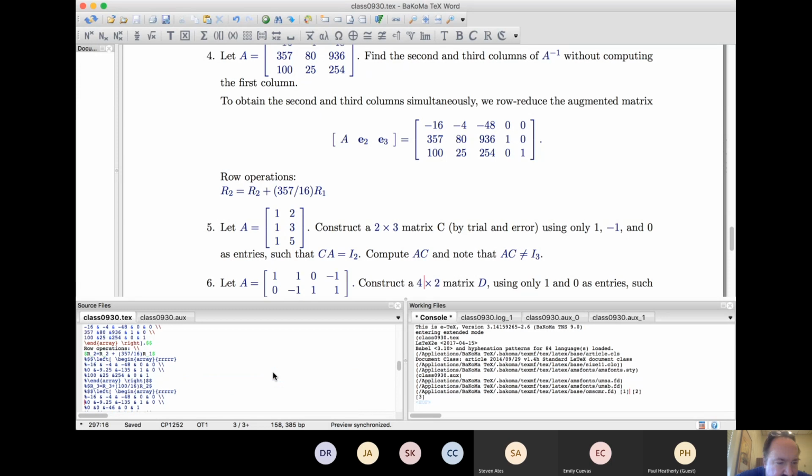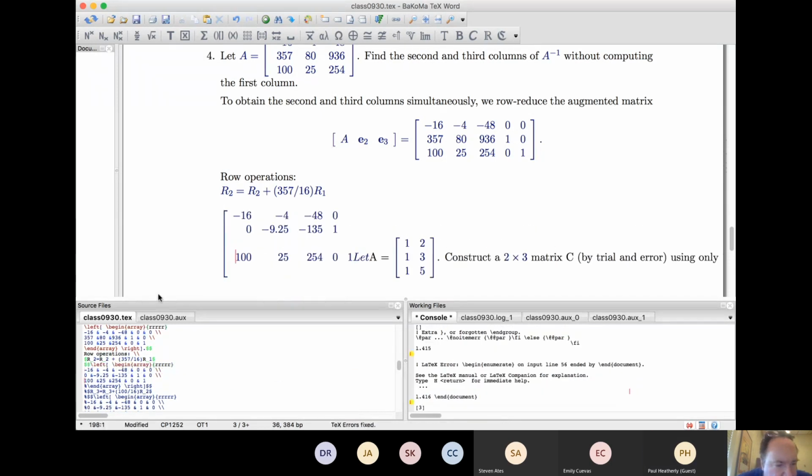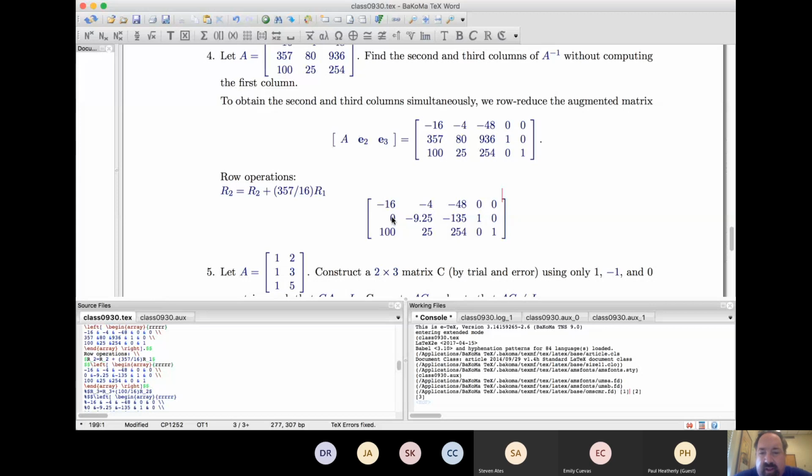Okay, so that entry is eliminated, but now we start to get some non-integers here, so that was bound to happen.